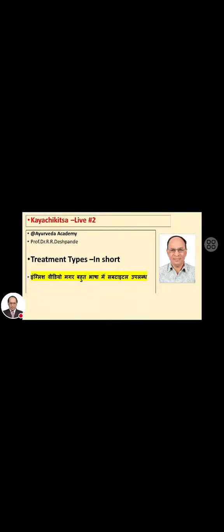And Acharya Charak has explained that we have to follow Sadvritta or Achar Rasayan, that is the ethical code of conduct, to get tranquility of the mind. Because this Achar Rasayan, the behavioral code of conduct, can be health promoting, we have to follow that lifestyle, conduct and behavior accordingly.